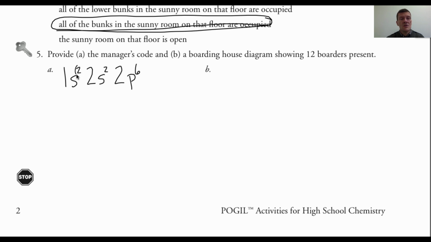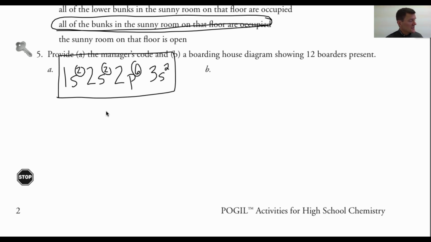So that's 2, 4, 10. Now you can go up to the third floor, and you would fill the sunny room with 2 more, and now you've got your 12 there. So you got your 12 in order to have this arrangement, and that would be the code that you would have. Okay?